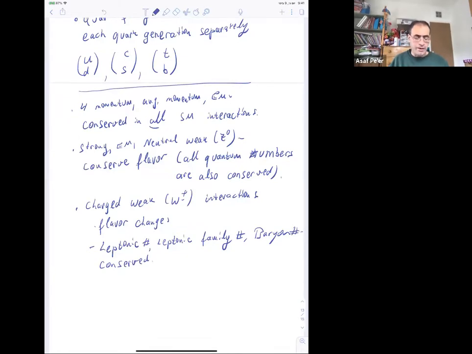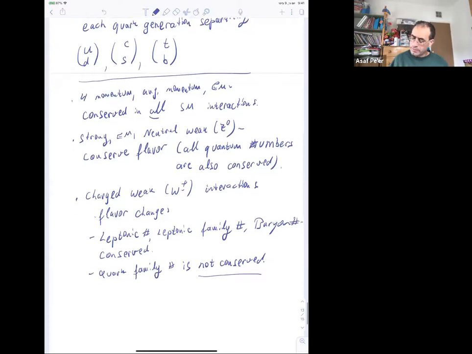Now the quark family number is not conserved. Maybe this actually answers your question. Because a W can connect quarks from different generations.